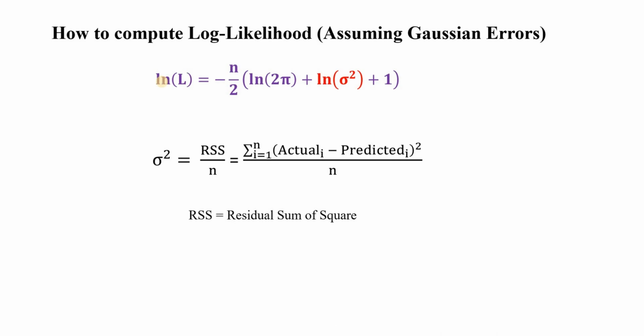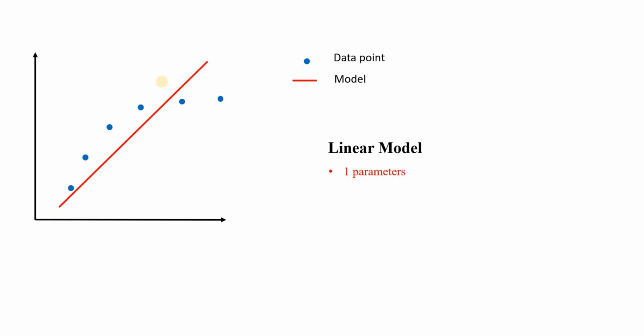Before calculating the AIC and BIC value, we also need to understand what is overfit and underfit. Let's suppose we have our experimental data like this, and if we use a simple model like a linear model, it has only one parameter and it will lead us to underfit, because our data points are like this and with only one parameter it cannot fit completely.